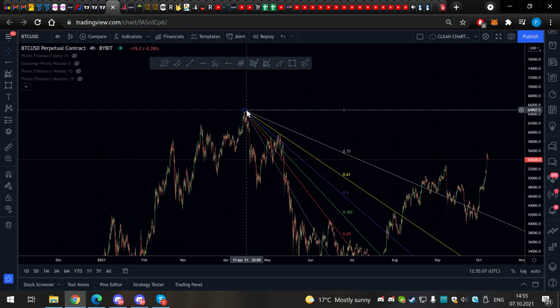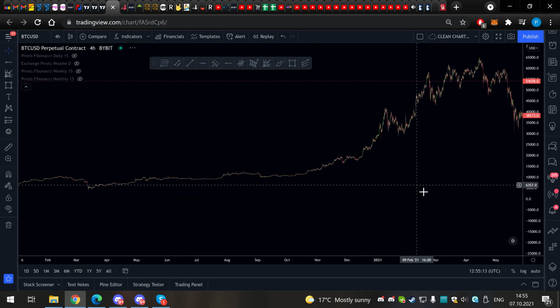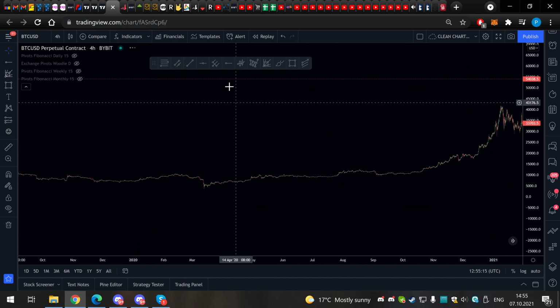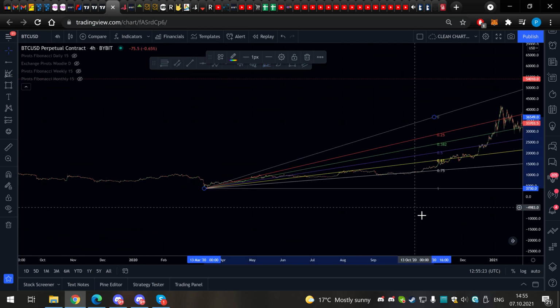Nice. How about the COVID low? We know it's so important, so let's go make a big pull.